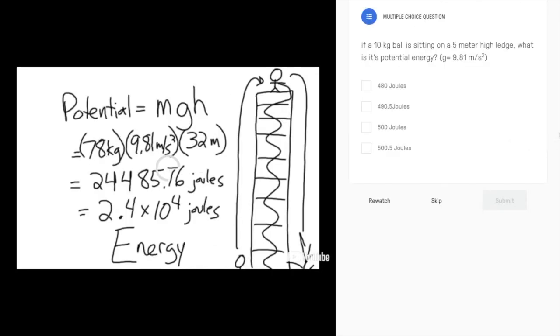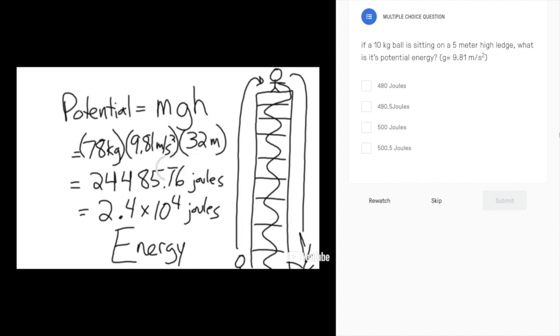If a 10-kilogram ball is sitting on a 5-meter high ledge, what is its potential energy? You will be needing your calculator here. Again, we are asked for the potential energy. The formula for potential energy is mgh. So in the problem, what is our mass?